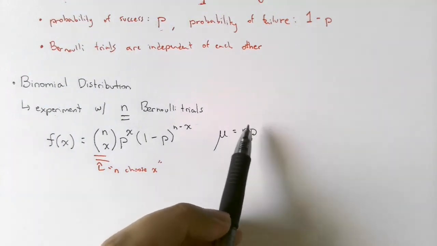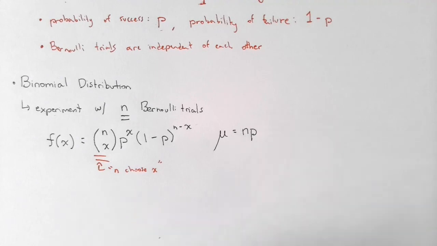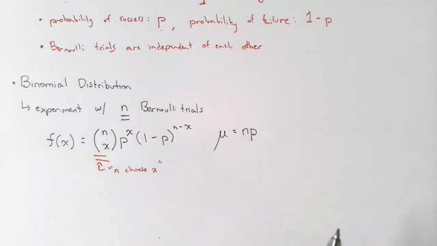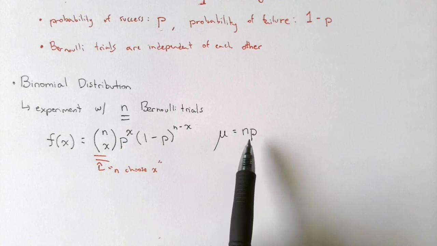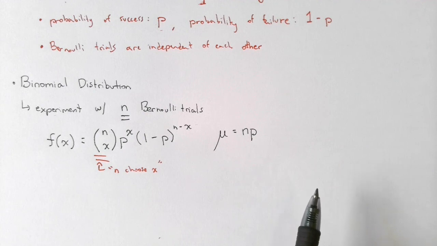Just like with uniform distributions, the mean is a function of the number of times you run the experiment. And I want to see what this is telling me. The mean is the expected value, and we're saying that the expected value is the number of times I run the experiment times the probability of success.